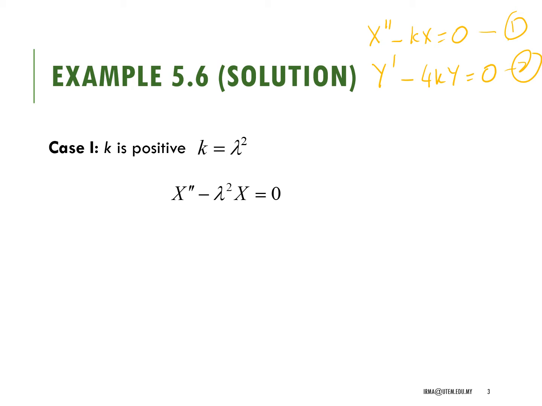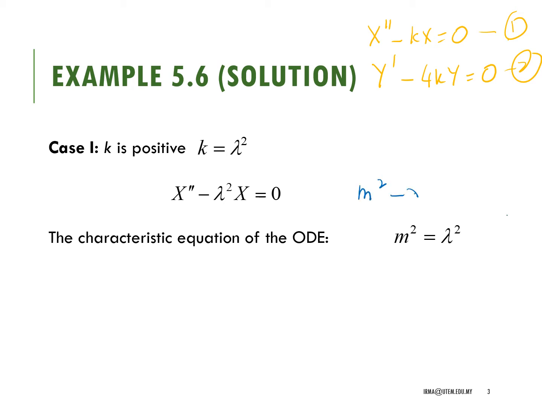When you want to solve for X, we have X'' minus lambda squared X equal to 0. You can use the same method as in chapter 2, where you write in terms of m. So you have m squared minus lambda squared equal to 0, and therefore m squared equal to lambda squared.